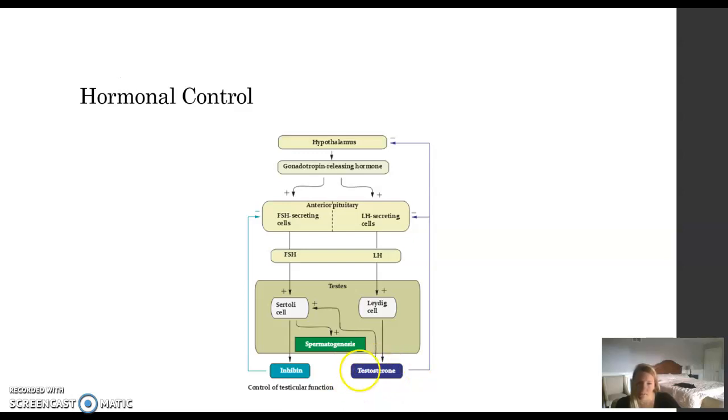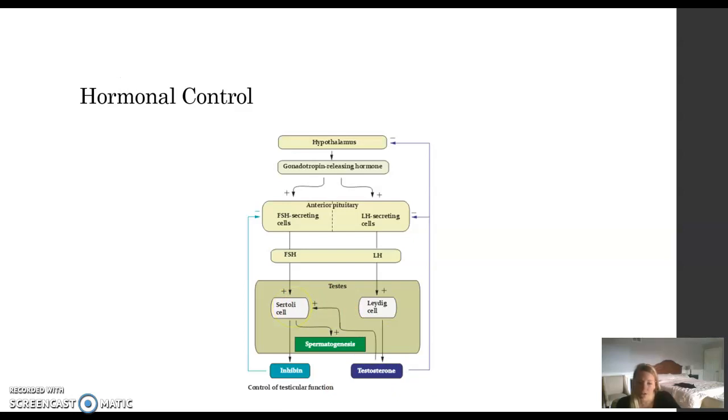And testosterone is going to bind to androgen receptors in specific target tissues that can be responsible for other things, such as secondary male characteristics and things like that. And testosterone is also going to target these Sertoli cells.